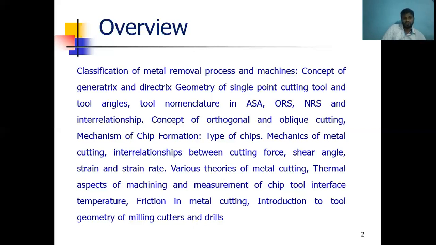These are all related to the mechanism of chip formation. The basic chip formation needs the angles, strain rates and stress rates, and the interrelationship between the cutting force and shear angles, so that is the fundamental way we need to learn these things.